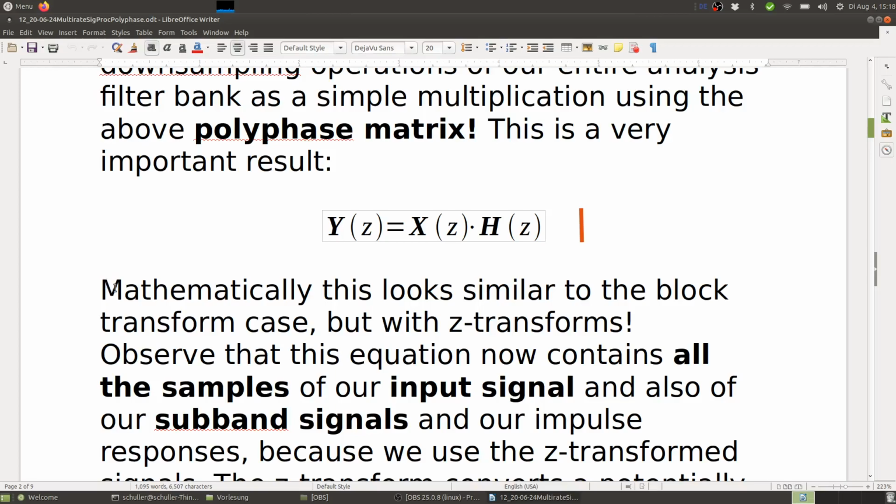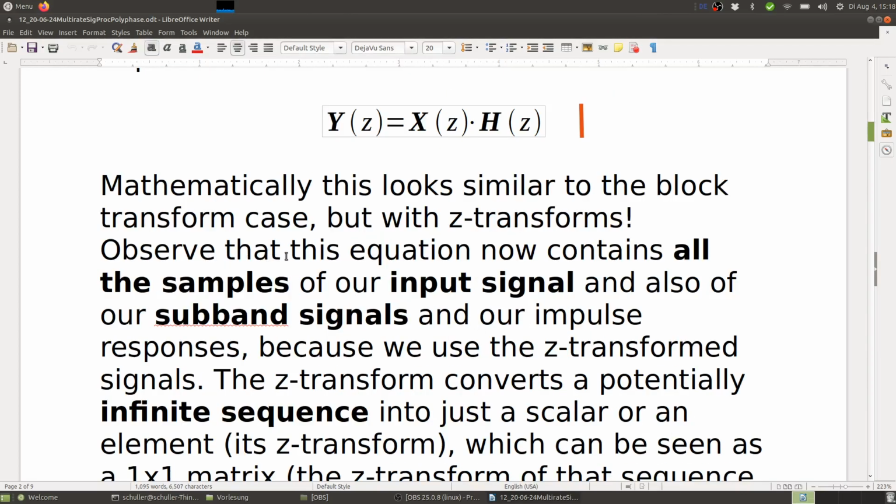Mathematically, this looks similar to the block transform case, but now with z-transforms. Observe that this equation now contains all the samples of our input signal and also our subband signals and our impulse responses, because we use the Z-transformed signals. So even though X is a vector of size N, containing N polyphase elements, its polynomials contain all the samples of a signal.